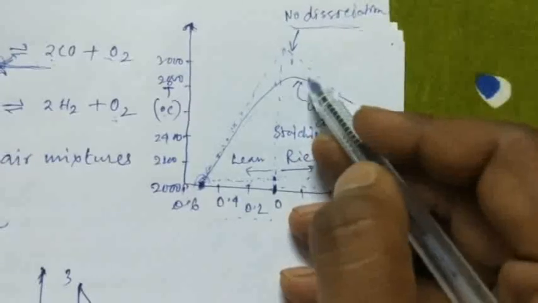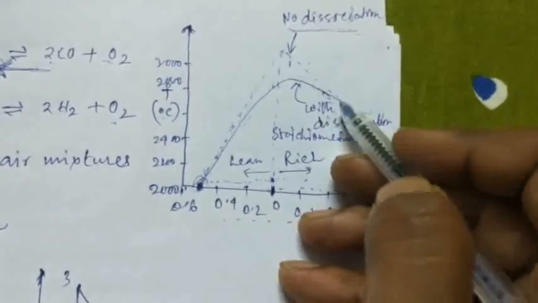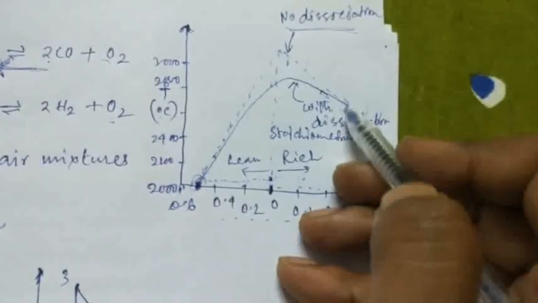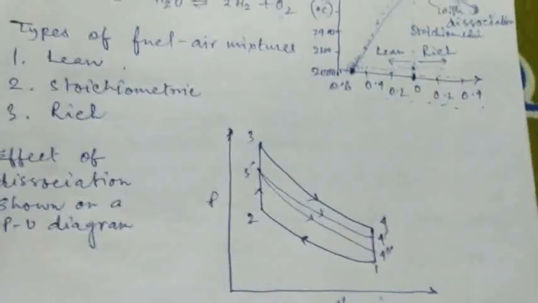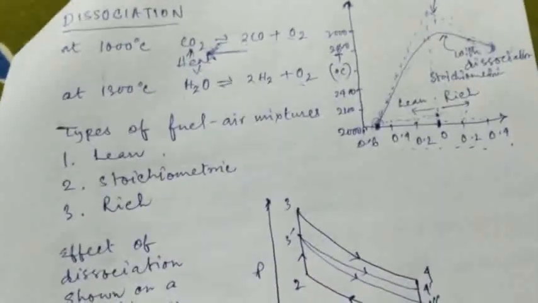As the mixture gets richer, these two lines again converge, and at a very rich mixture there will be no dissociation because a huge number of CO molecules will be present in the system.